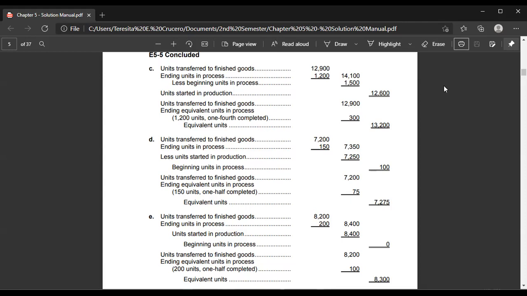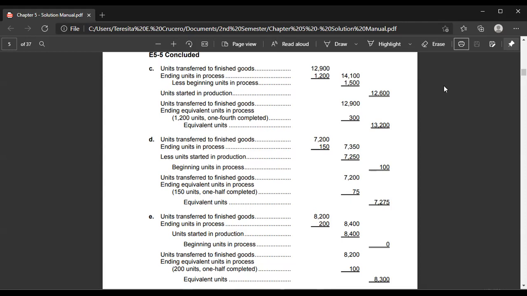Adding 12,900 and 1,200 still you get 14,100. Now, the missing item here is your units started in production, which we have already computed. You can have this alternative solution. Units started in production of 12,600. And once you find it, you are now ready to determine your equivalent units of production.